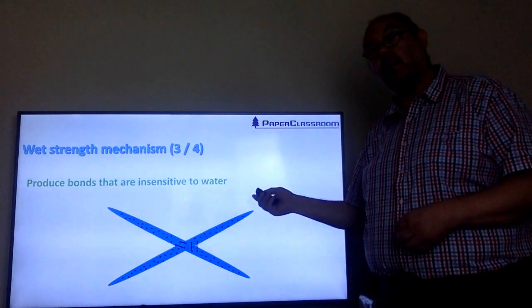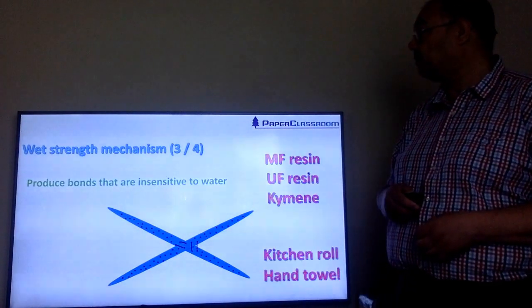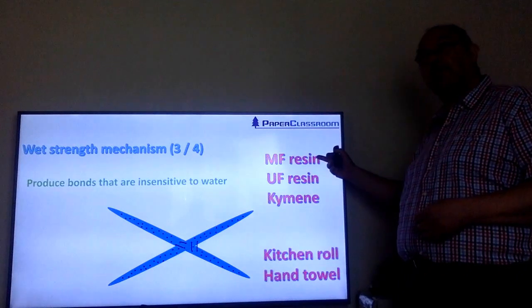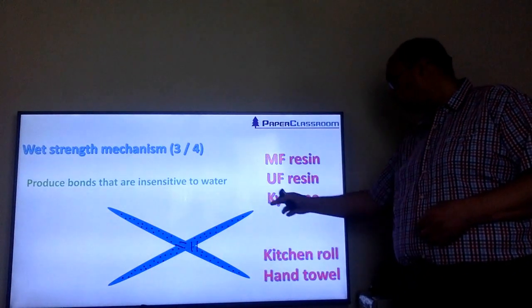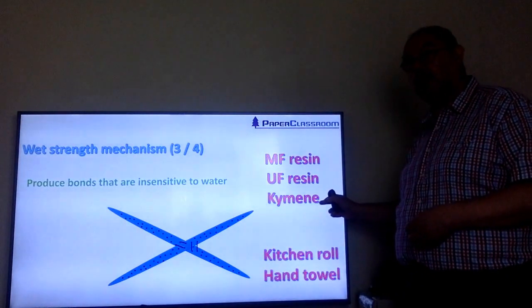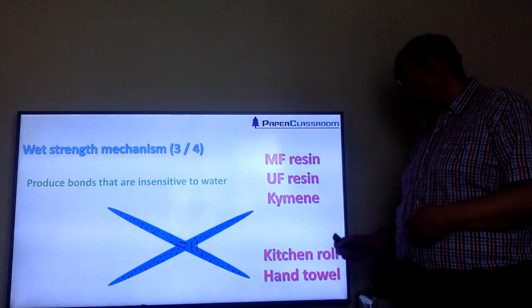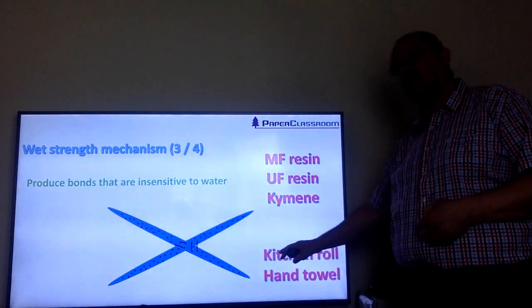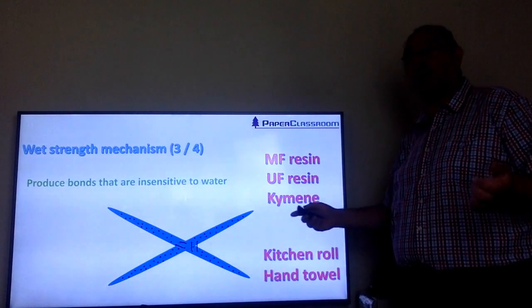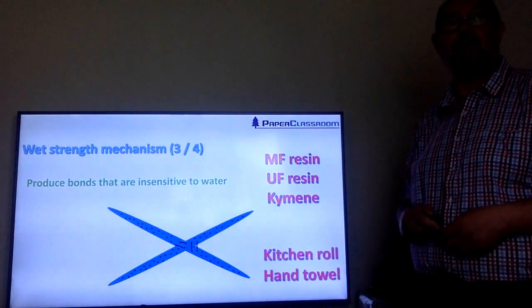So they have a bond that is insensitive to water. So MF resins, UF resins, material like chymene, which is a PAAE generic name, we use them in places like kitchen roll and hand towel, for example, tea bags as well.